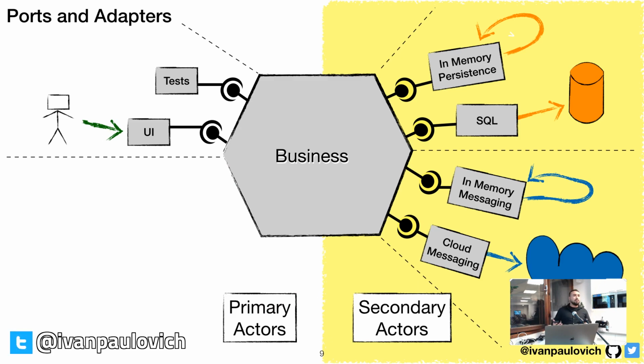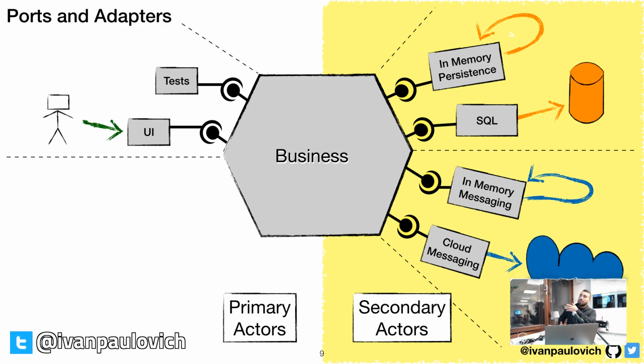So in general, we can see that hexagonal architecture also requires decoupling. There is business logic, which lives inside the application, and technology implementations that live outside of the application. So in this picture, we can see that there is a user who, through the user interface, can interact with the business rules.